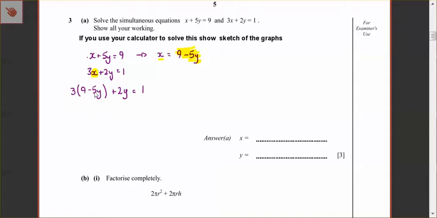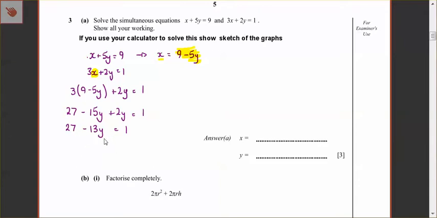Multiply out, so 27 minus 15y plus 2y equals 1. 27 minus 13y equals 1. Okay with that?